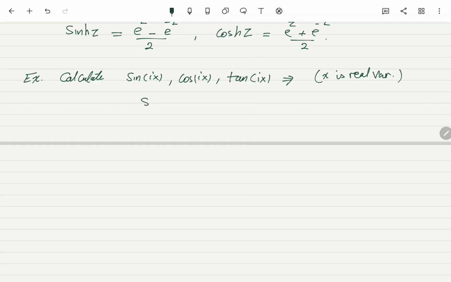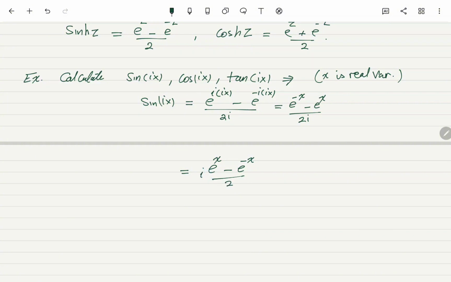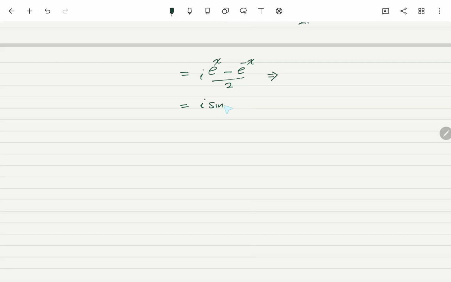Now sine ix equal to, use the definition, e to i(ix), instead of x use ix, minus e to minus i(ix), over 2i, which is equal to (e to minus x minus e to x) over 2i, which is equal to (e to x minus e to minus x) over 2, all multiplied by i, or in other words, it's equal to i sine hyperbolic x.